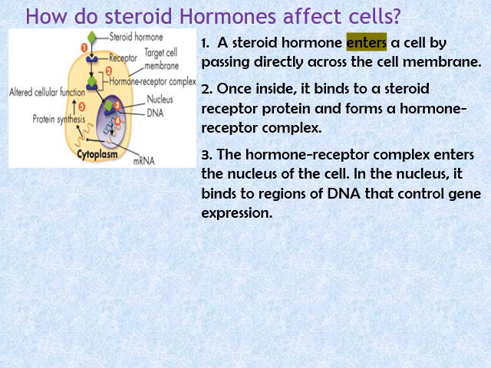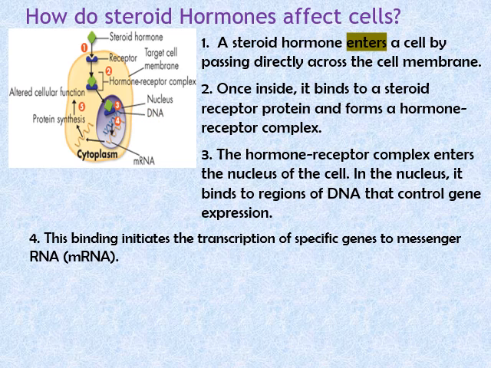Then the hormone receptor complex enters the nucleus of the cell, where it binds to the region of DNA that controls gene expression. You can see here it passes and enters the nucleus, where it binds to a specific region of DNA affecting gene expression.